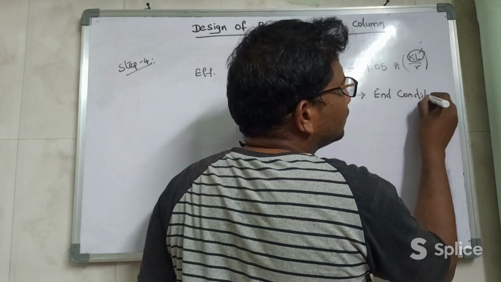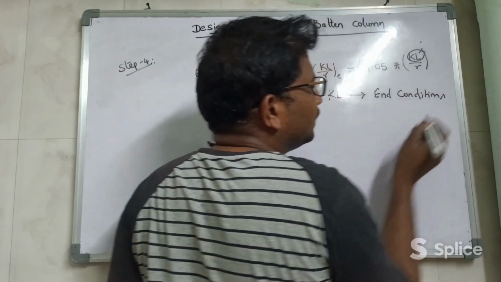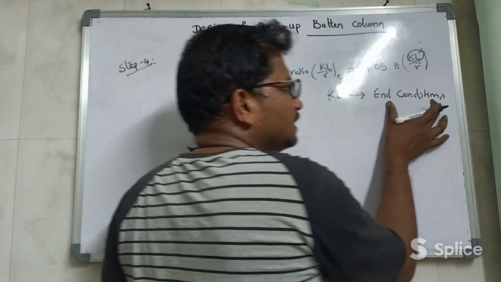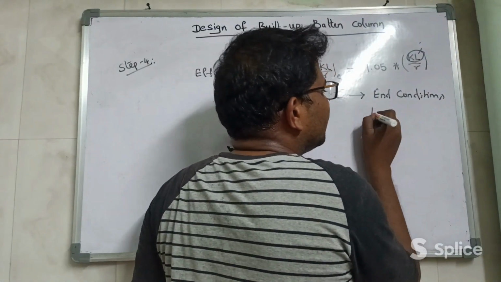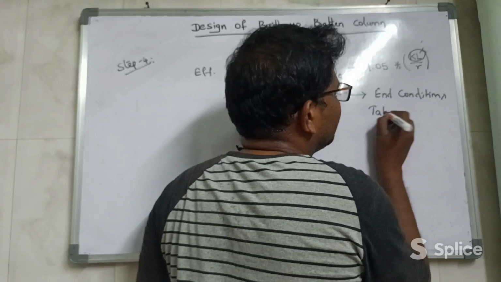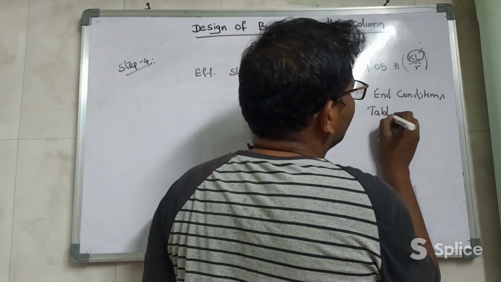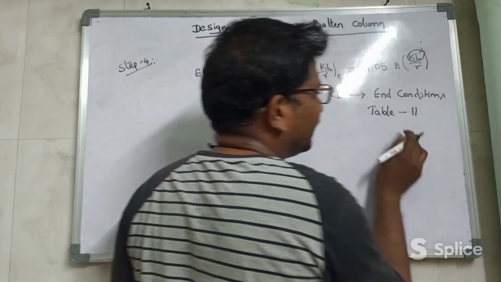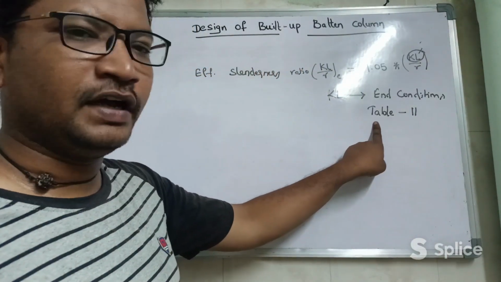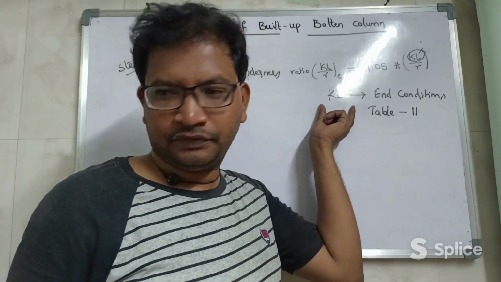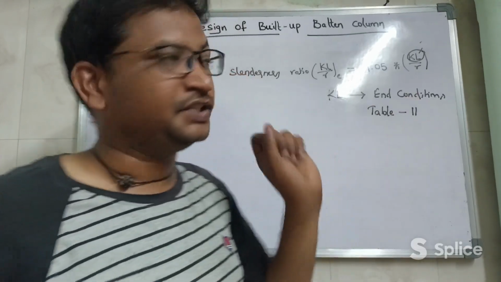In the question, the end conditions will be given. From these end conditions, you can obtain the effective length value from Table 11 of IS 800.